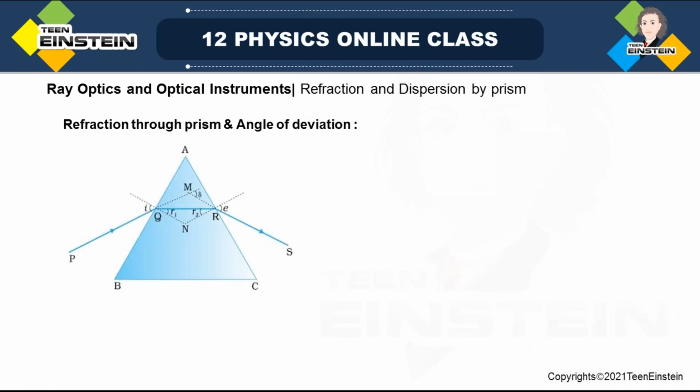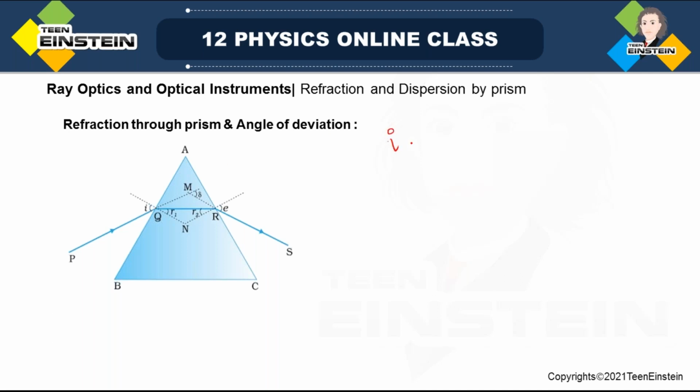Now we'll see what happens when refraction happens at the refracting surfaces of the prism, when a light enters at the AB surface and emerges from the AC surface. You can see this PQ ray is getting incident at AB.